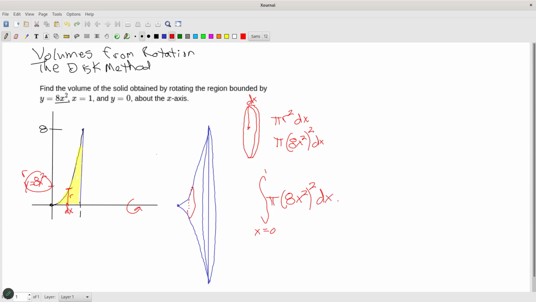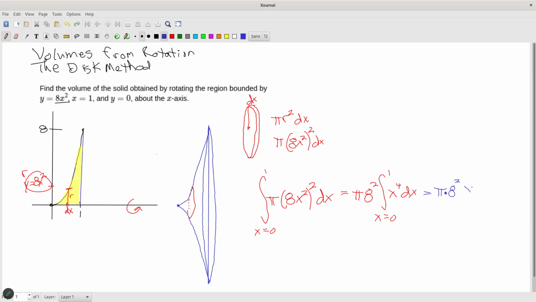Cleaning this up a little bit, we can pull out the pi, we can pull out the 8 squared, so those are constants, and then we have x going from 0 to 1, x squared squared would be x to the 4th dx.